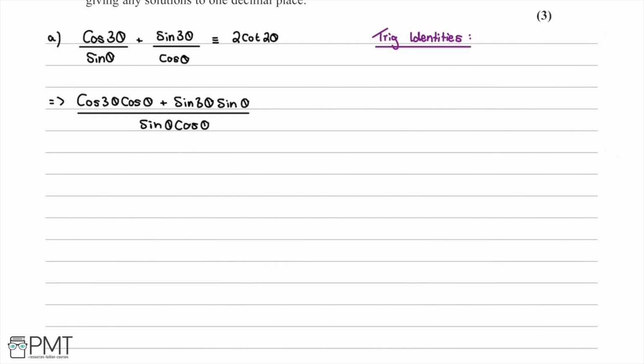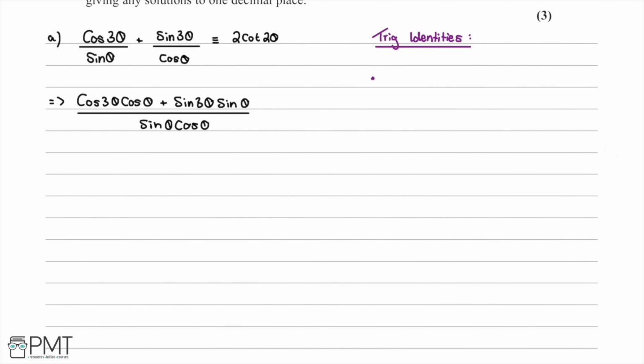So now we have a term with cos 3 theta and cos theta and sine 3 theta and sine theta. So we need to have a think about trig identities, and do we know any trig identities which we can use to help us?